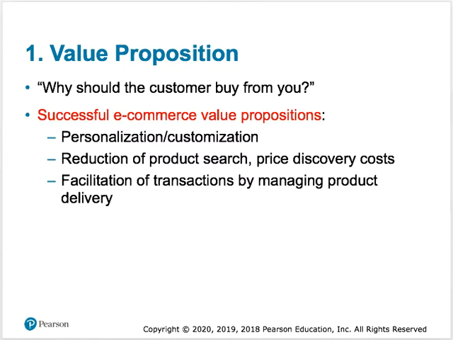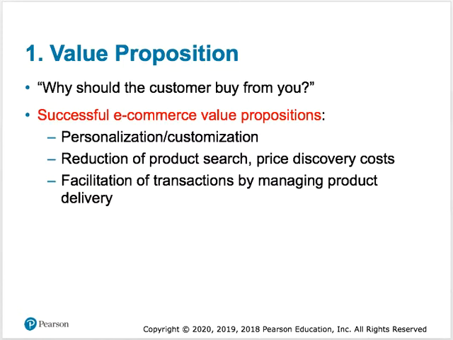From the consumer point of view, successful e-commerce value propositions include personalization and customization of product or service offerings. For example, the personalization and customization is the ability to tailor product and service to the particular customer need.